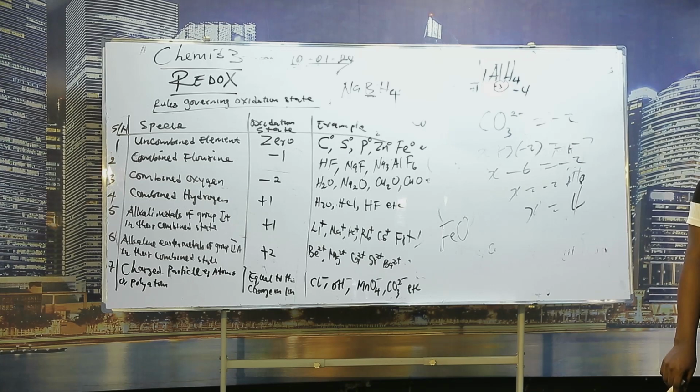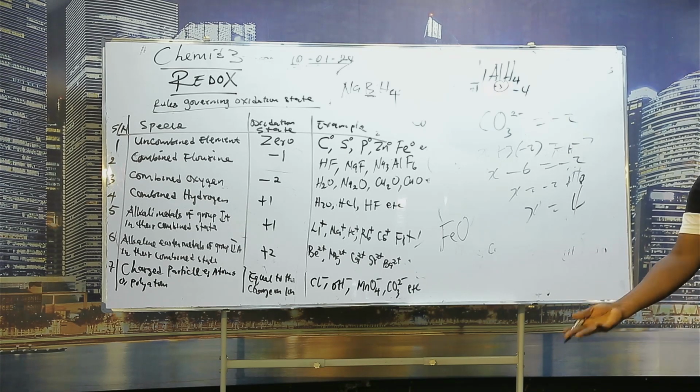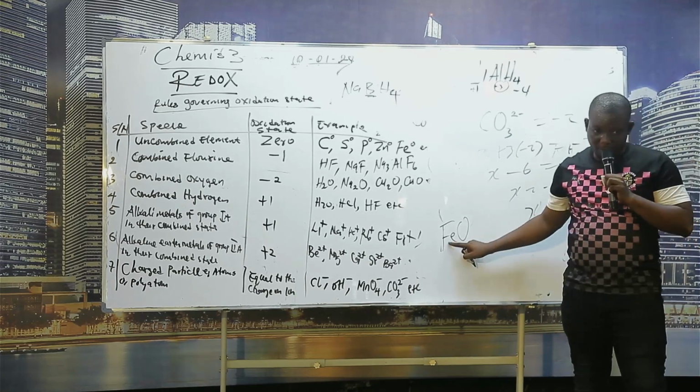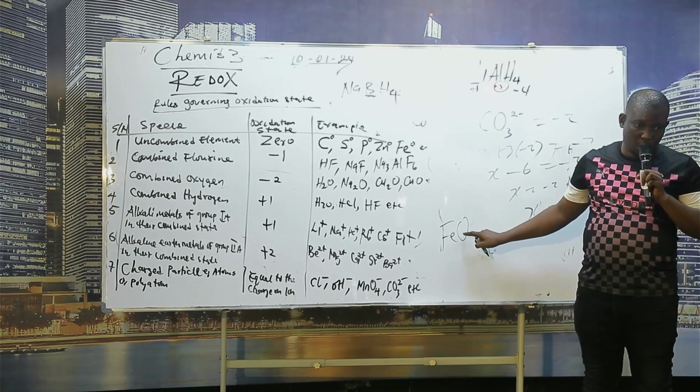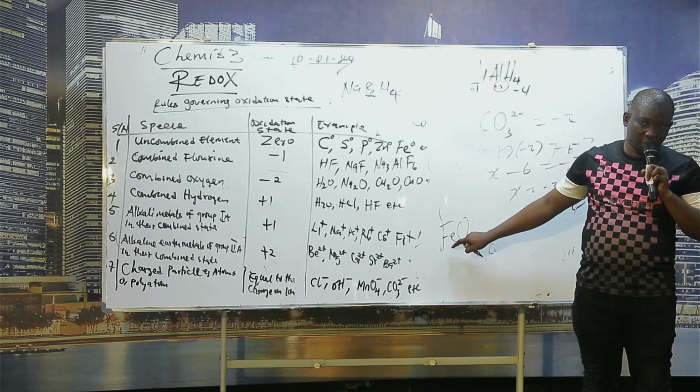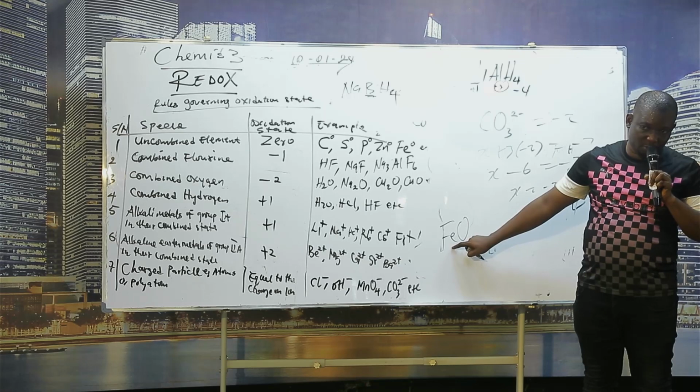The sum of iron and oxygen must be 0. So since you now know that oxygen is -2, iron is what? So what is the name of this thing? Iron(II) oxide.